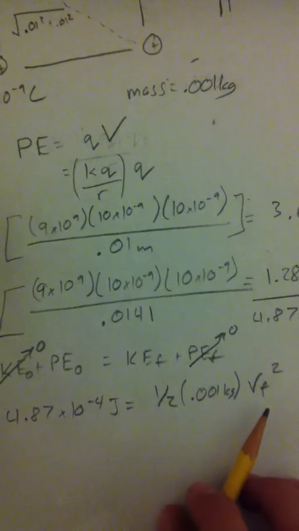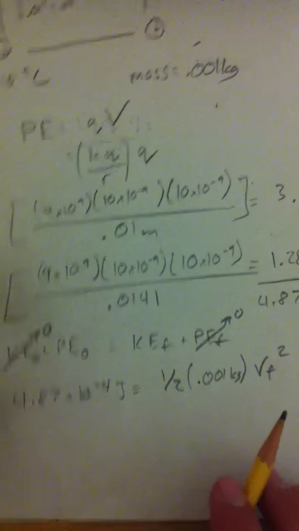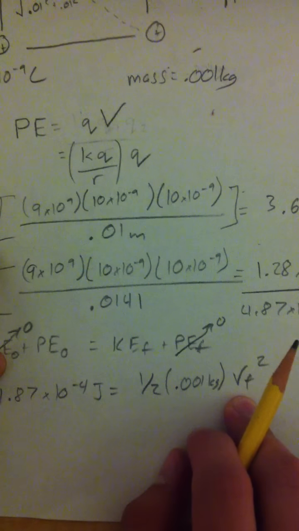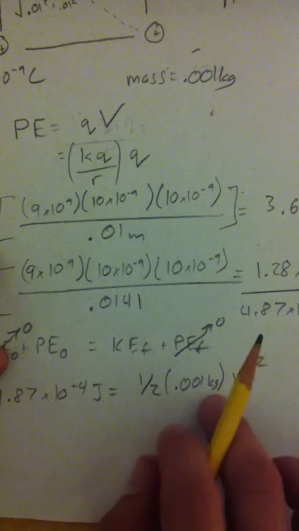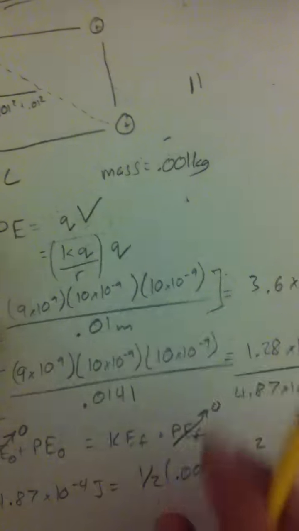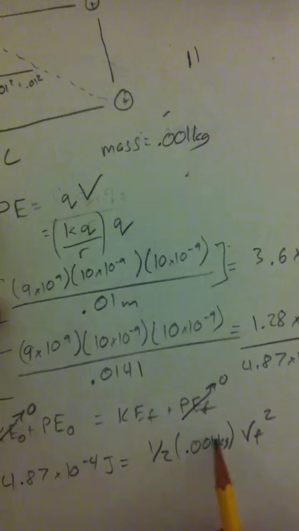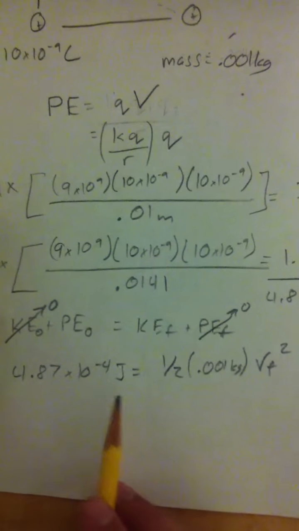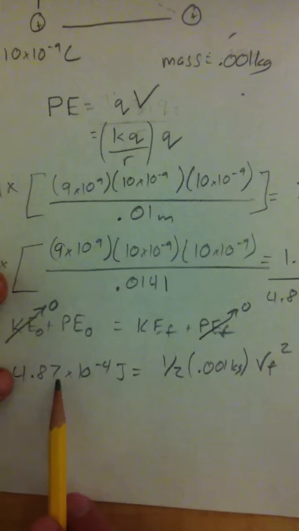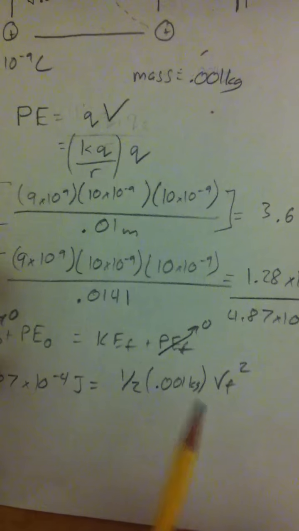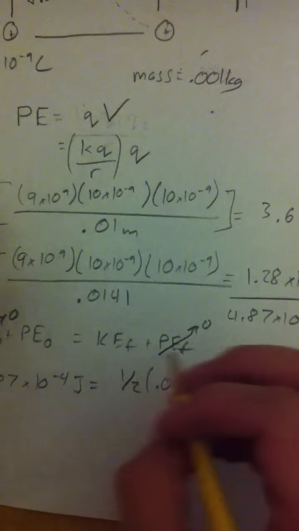One thing that's different about this is that if we solved it for V as it is right now, it's going to solve for the velocity of one of these particles. This is the kinetic energy of one of these balls. But we solved the potential energy initial for the 4 balls, so we have to solve the kinetic energy also for 4.